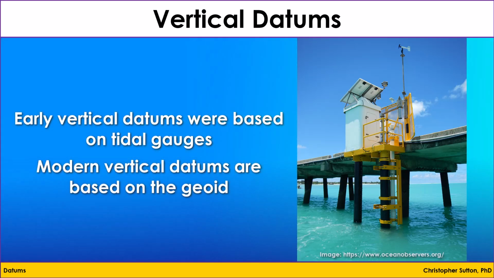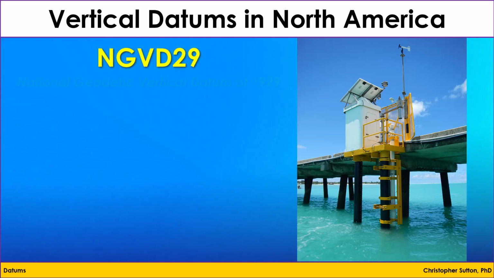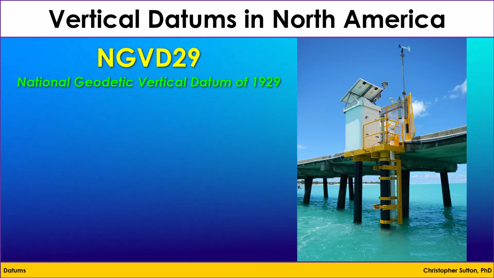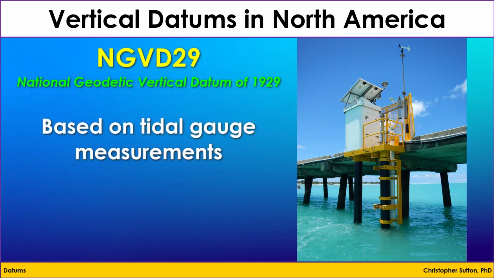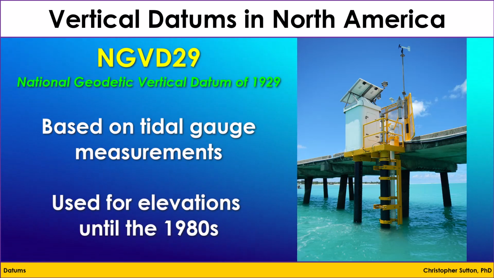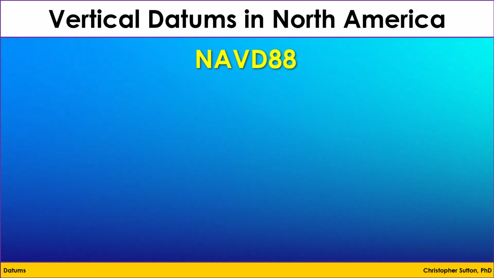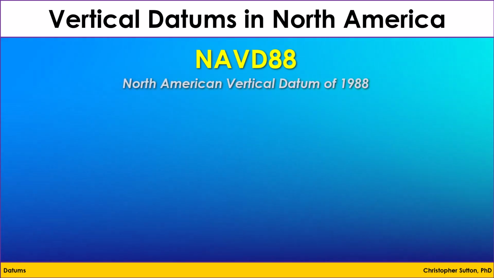There are three vertical datums that are worth noting for North America. The first is NGVD 29, which is the National Geodetic Vertical Datum of 1929. It was based on tidal gauge measurements and was used for elevations until the 1980s. It was replaced by NAVD 88, or the North American Vertical Datum of 1988.